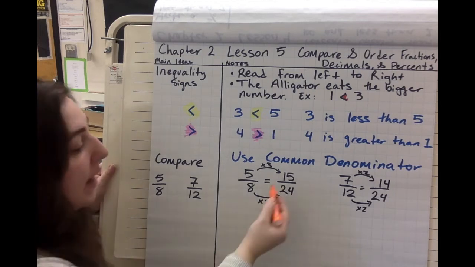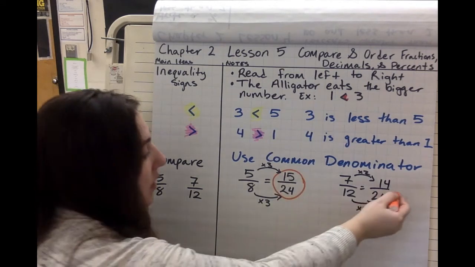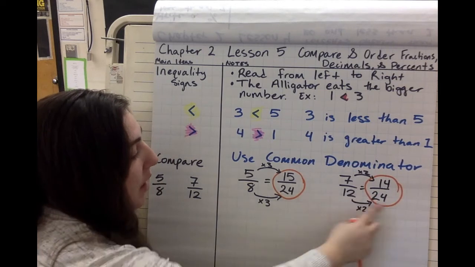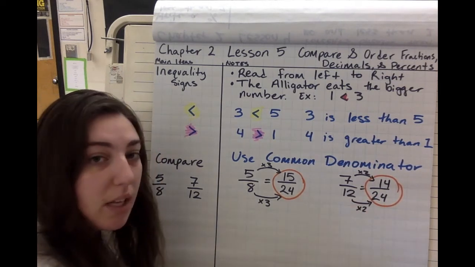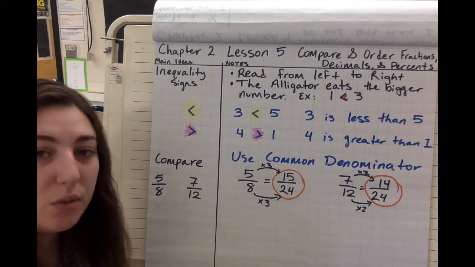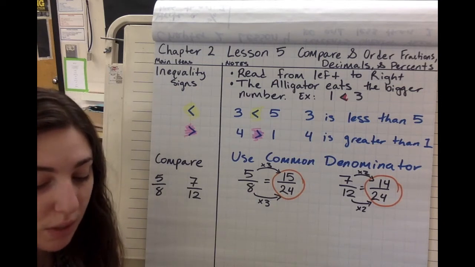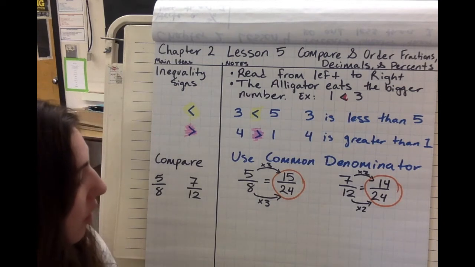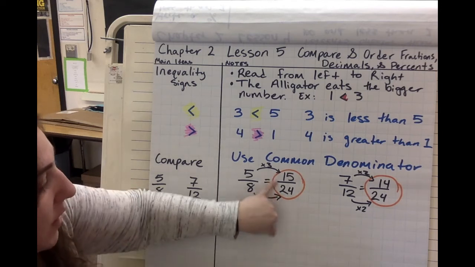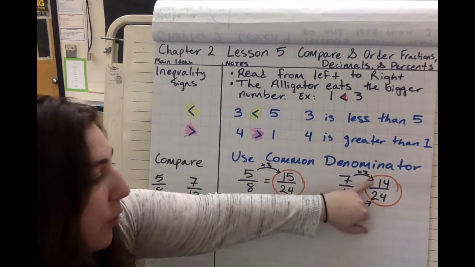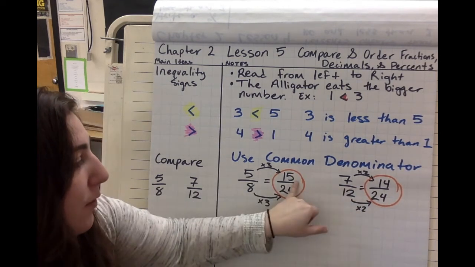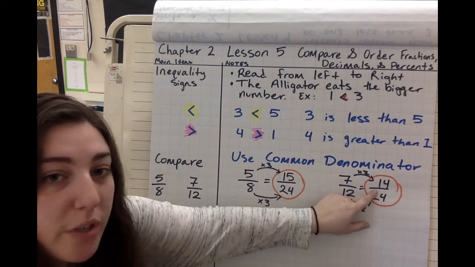Okay, so now I have the same denominator, a common denominator, so now I can really compare them. I can see which one is greater and which one is smaller. I notice 15 over 24 and 14 over 24. Well, 15 is greater than 14.